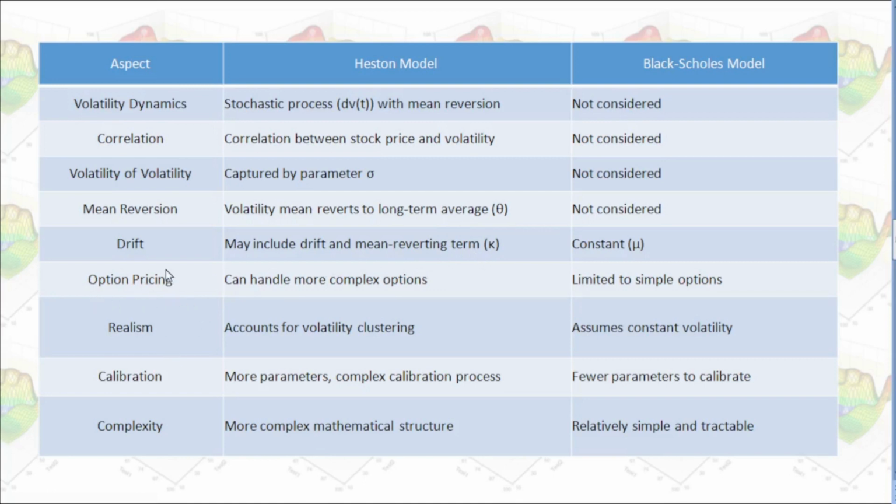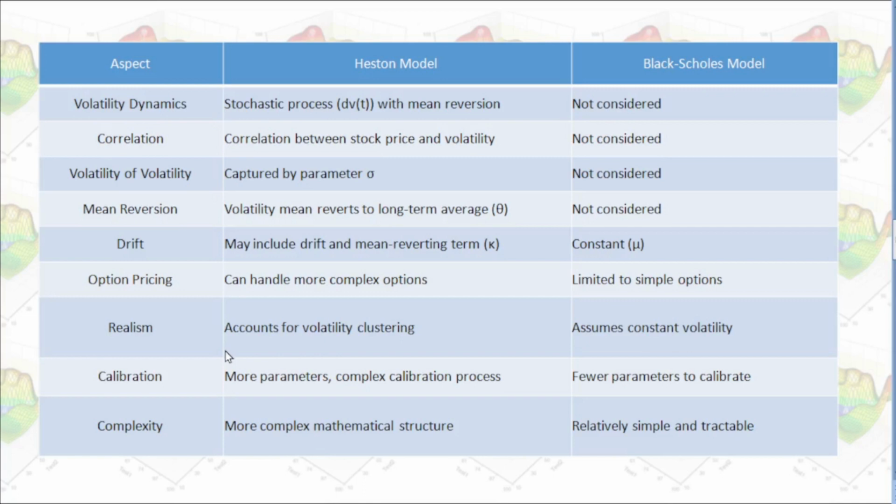When we consider the option pricing, Heston model can handle more complex options, but Black Scholes model is limited to simple options. Heston model accounts for volatility clustering, but Black Scholes model assumes constant volatility.